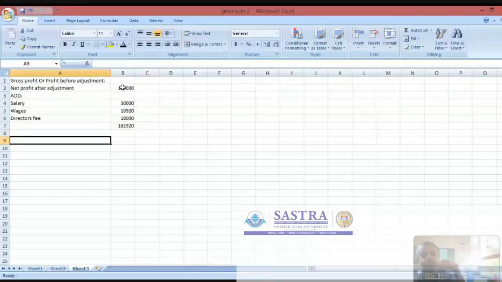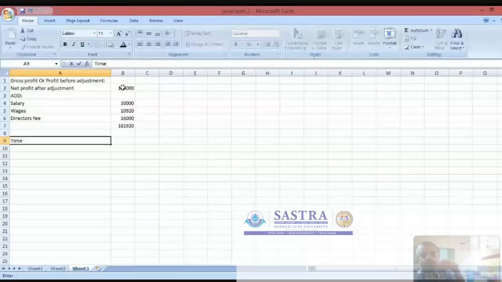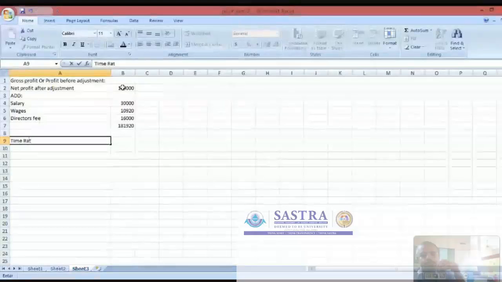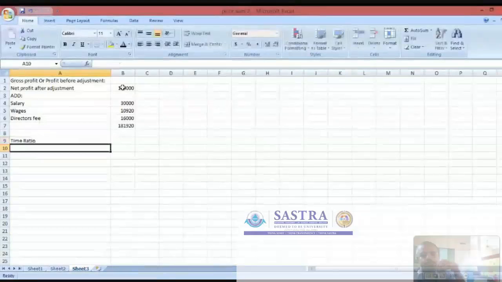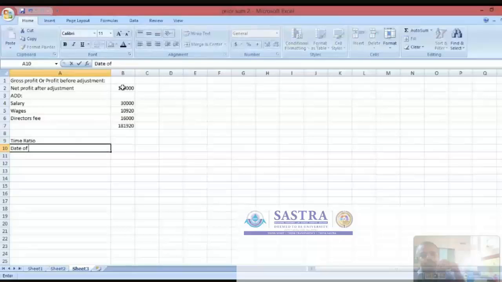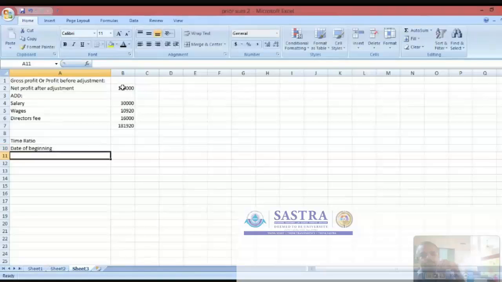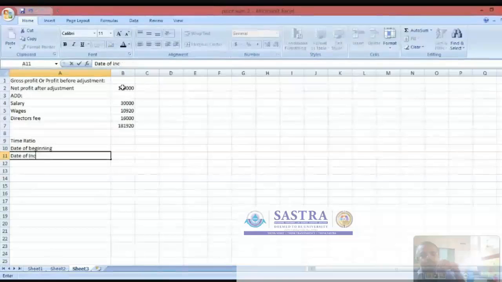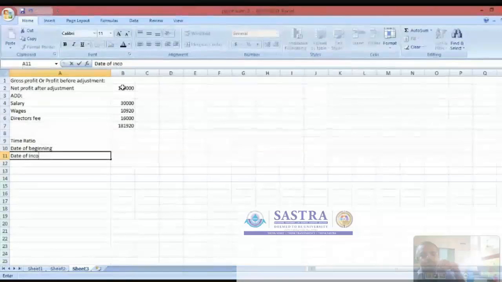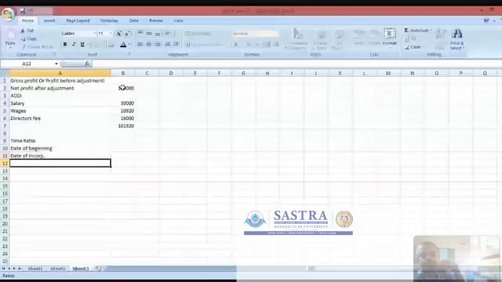Now there is a need for the time ratio. The time ratio in this question is very important. Three pieces of information are needed: date of beginning, date of incorporation, and year end.